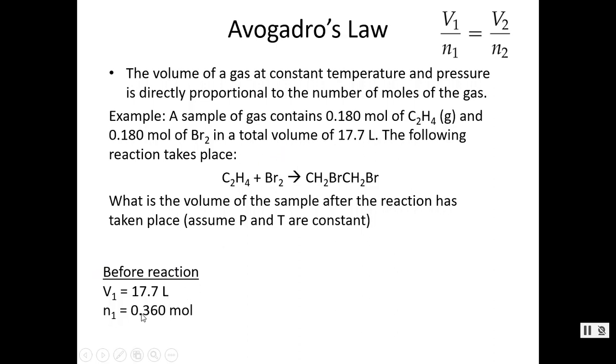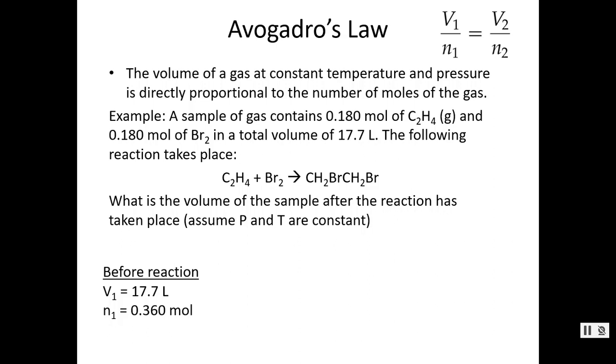But my N1, my initial moles of gas, is what I have in that 17.7 liters of reaction, which is the C2H4 and the Br2. So my total number of moles before the reaction is 0.180 times 2, or 0.180 plus 0.180. So that is the value of N1 that I use in Avogadro's law.